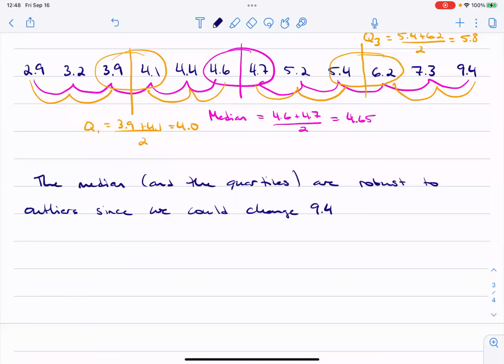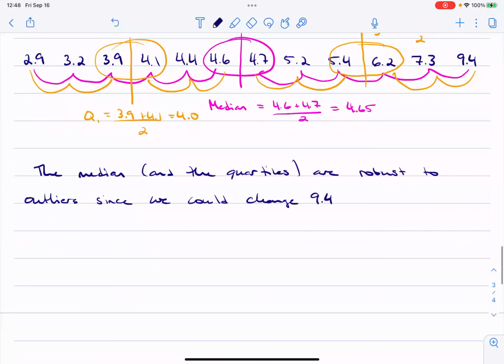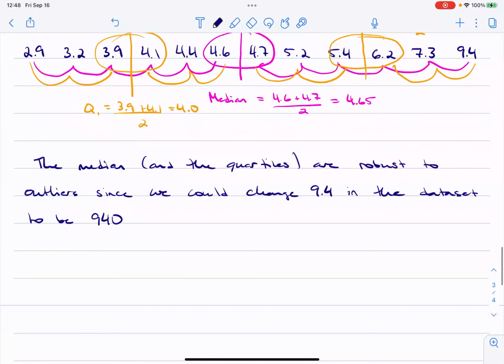I usually manipulate the last one because it's easier. In the data set, to be 940, and the median and the quartiles would not change.